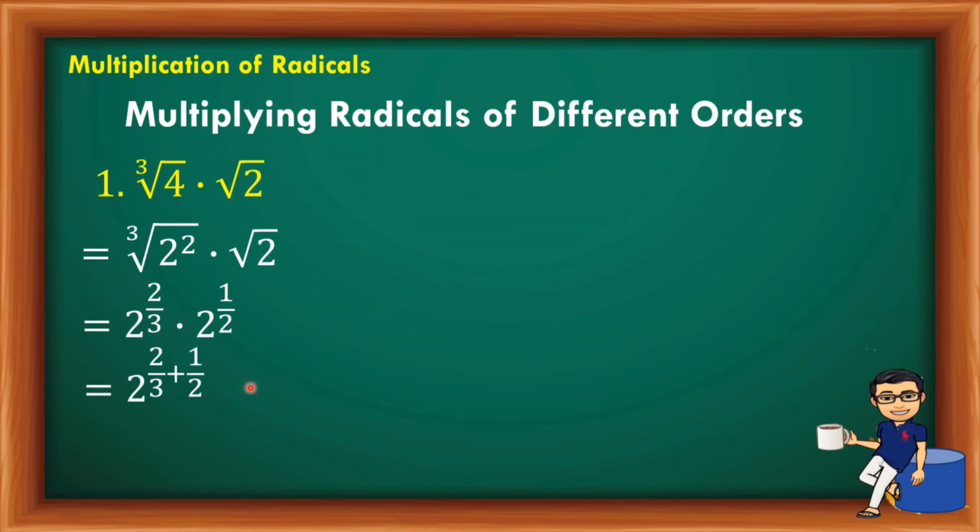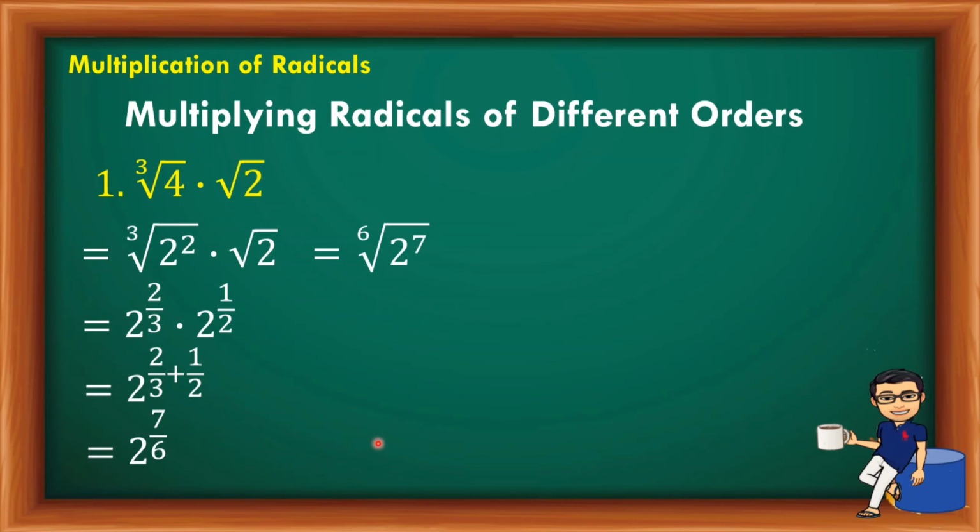Tapos pwede na tayong mag-add nito. So laws of exponent, same base, then ina-add yung exponent, 2/3 plus 1/2. Okay na? So ito yung mangyayari, 7/6, kasi LCD niya ay 6, 3 at 2 ay 6. Then 4 plus 3, so 7 tayo dyan. Okay na?